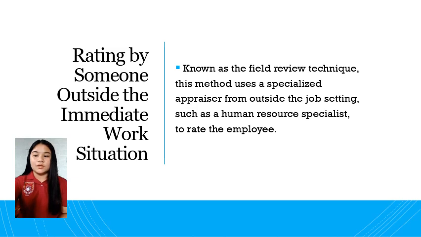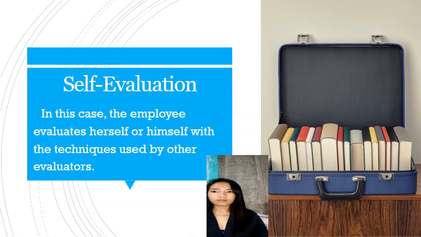Rating by someone outside the immediate work situation. Known as the field review technique, this method uses a specialized appraiser from outside the job setting, such as a human resource specialist, to rate the employee. Self-evaluation.